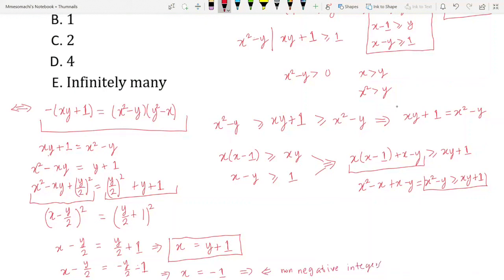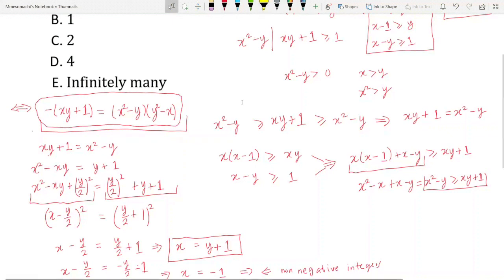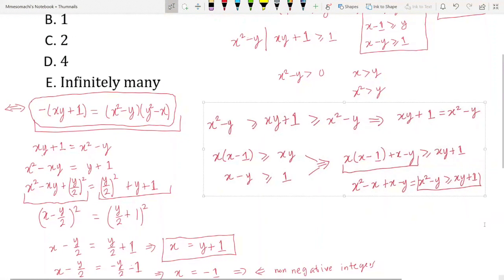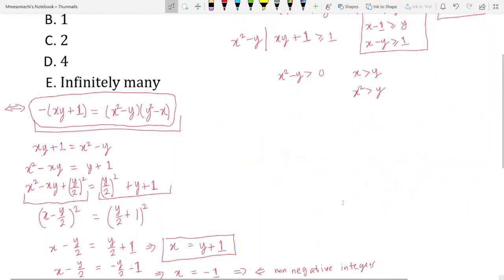Okay, so now let's put what we have. We have x equals y plus 1. So let's put it into this expression to find the number of integer solutions we have. Okay, so I'll just erase some things. So we have x equals y plus 1.